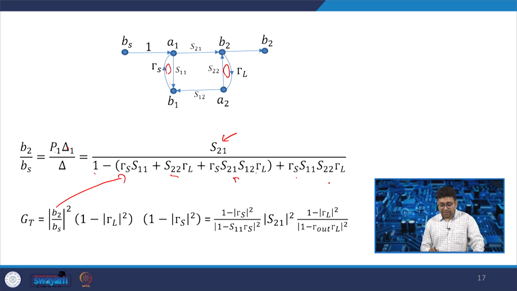If you rewrite this, and consider the gamma in or gamma out equation, you will get 1 minus gamma S square by 1 minus S11 gamma S square, times S21 square, times 1 minus gamma L square by 1 minus gamma out gamma L whole square. So, this is the way you can find out the transducer gain, that is GT. It is the ultimate figure of merit for the power gain.